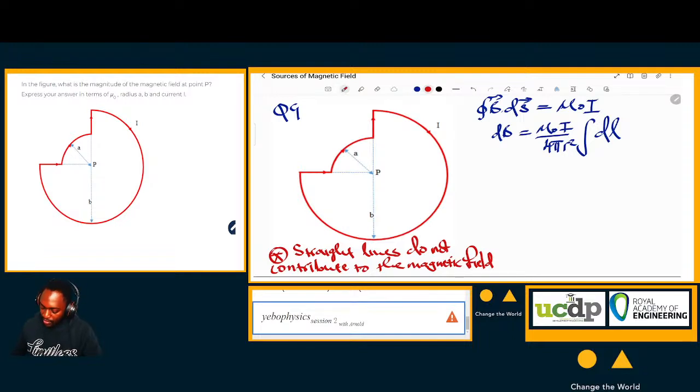So straight lines do not contribute to the magnetic field, which means we're looking at only the curved sections of that conductor.